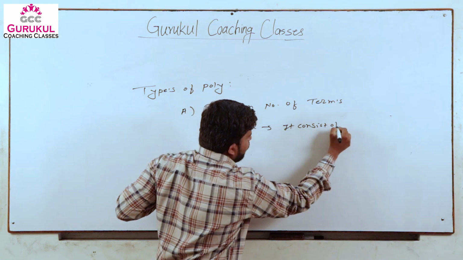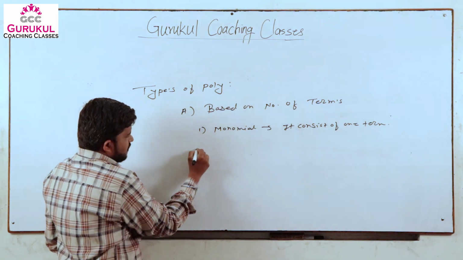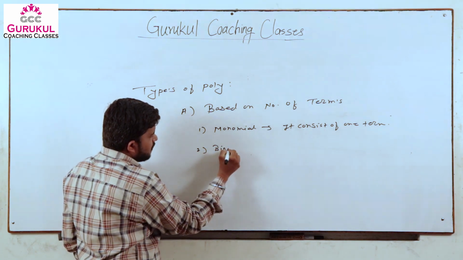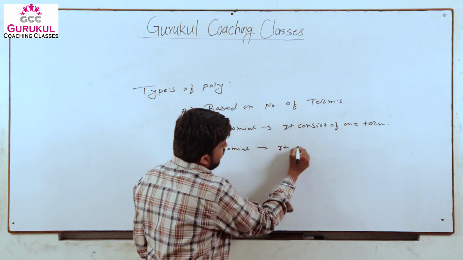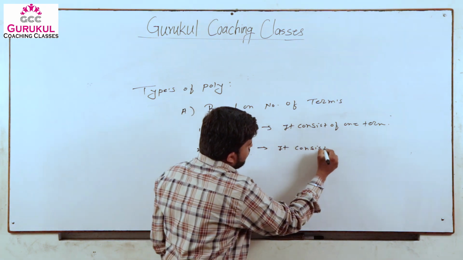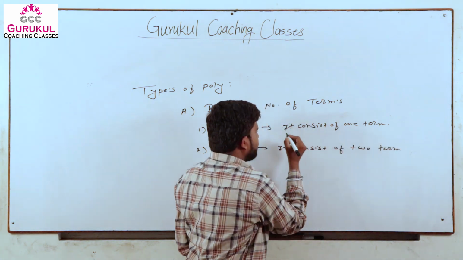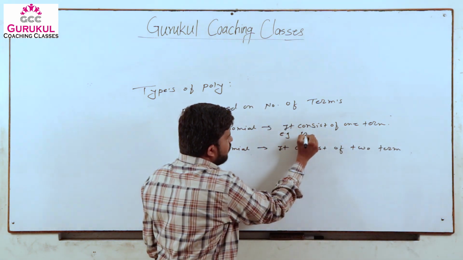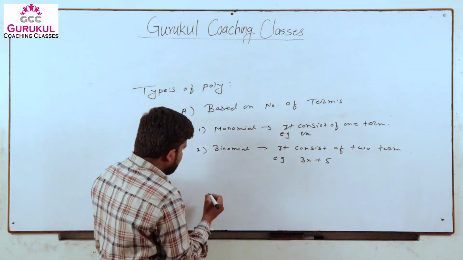It consists of one term. Second, binomial. It consists of two terms. For example, 2x. For example, 3x plus 5.